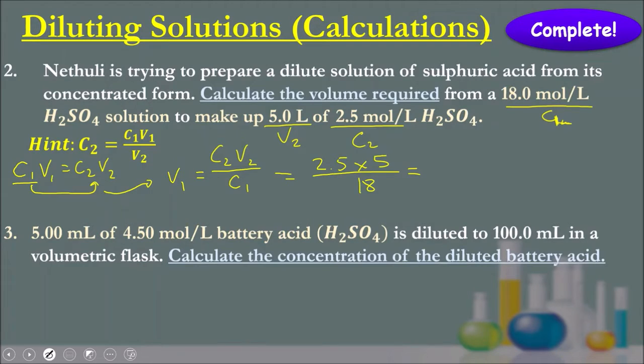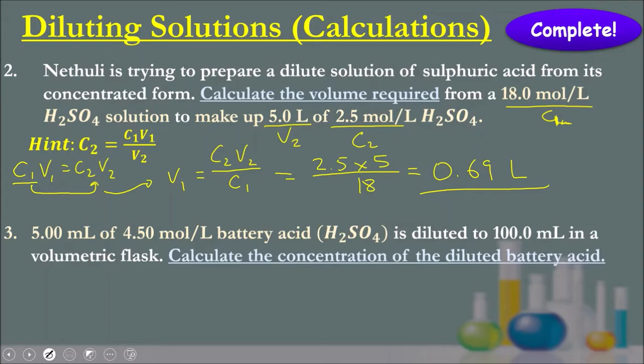So as you can see, these are really just rearranging formula and substituting it into formula type questions. 0.69, if you look at it, 5.0 and 2.5, 2 sig figs is the lowest we go, so 0.69 liters is the answer.